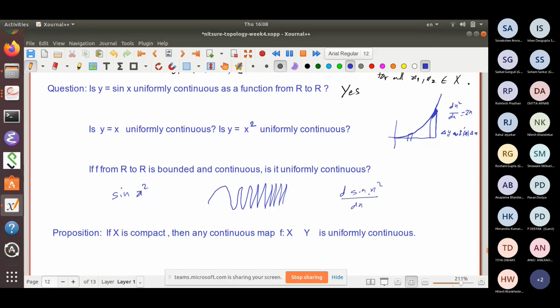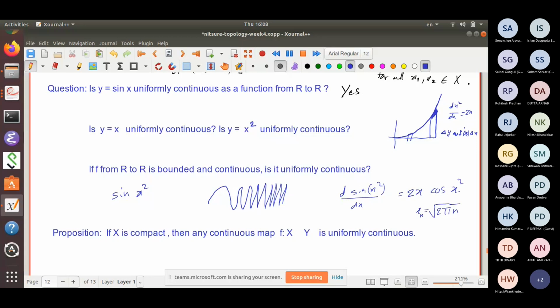Yeah, tell me, what's the derivative? So 2x cos x square. 2x cos of x square. I trust you. Now, take a number such that cos x square is 1, so take for example x_n equal to root of 2 pi n.